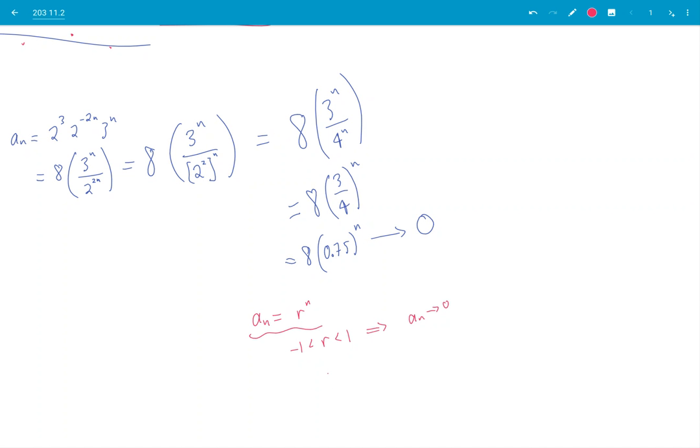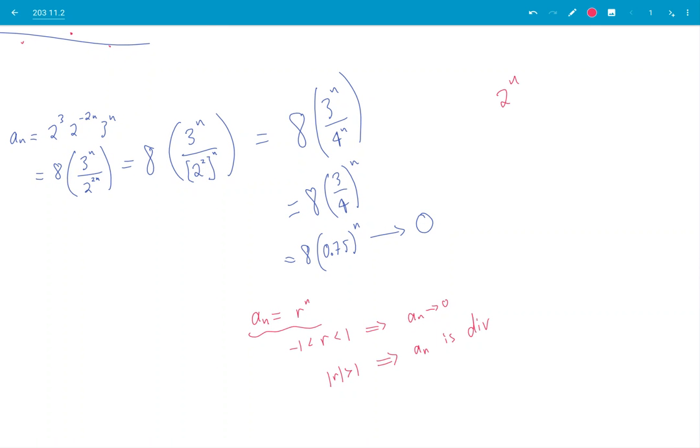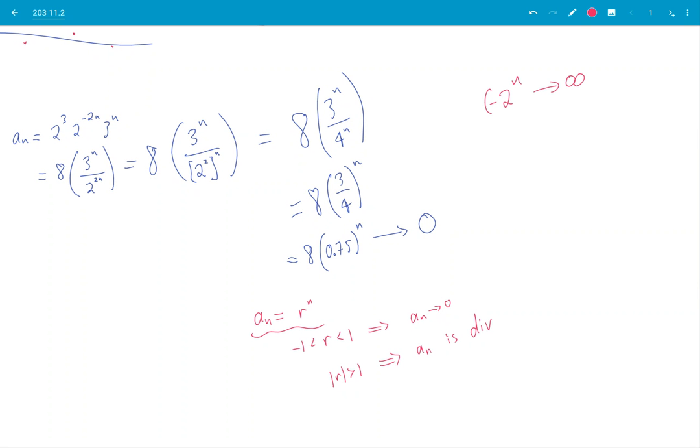If the absolute value of r is bigger than 1, then an is divergent. Okay, if you think of something like 2 to the power of n, that goes to infinity, right? Or if you had negative 2 to the n, that goes to, well, it doesn't go to infinity anymore, but it certainly diverges.